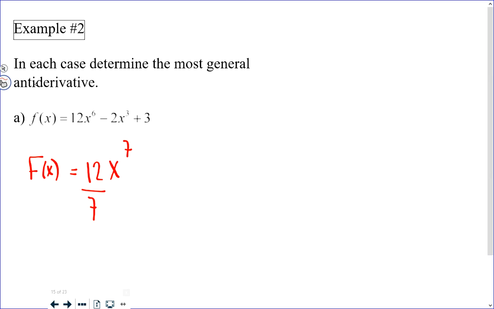If you like, you can develop a rule that says the antiderivative of this type of term will have one more on the exponent and we will divide by the new exponent. Let's try that rule here. I'm going to have x raised to 1 more, and I'm going to have to divide by that new exponent. The antiderivative of 3 is 3x, and then plus our constant.